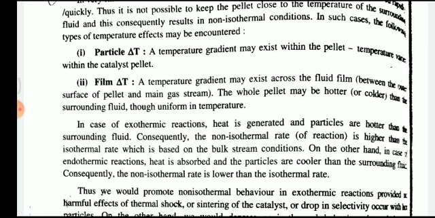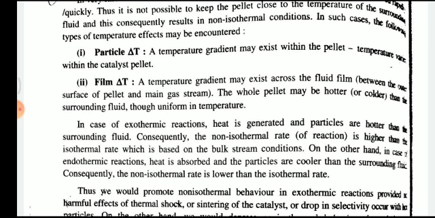In the case of exothermic reactions, heat is generated and particles are hotter than the surrounding fluid. Consequently, the non-isothermal rate of reaction is higher than the isothermal rate, which is based upon the bulk stream conditions.